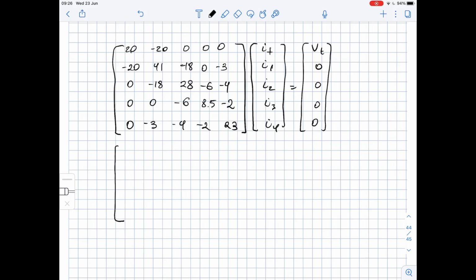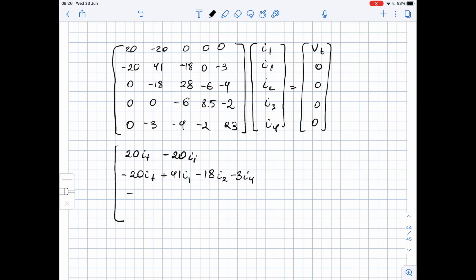of the second matrix. So we get 20 IT minus 20 I1, and then we have plus 0, so nothing. Then in the next row we have negative 20 IT plus 41 I1 minus 18 I2 plus 0 and minus 3 I4.